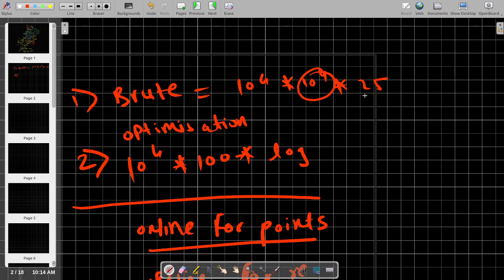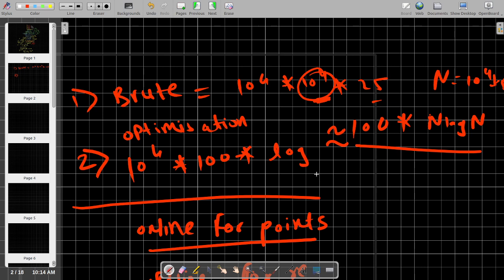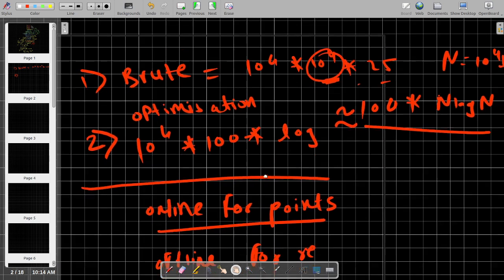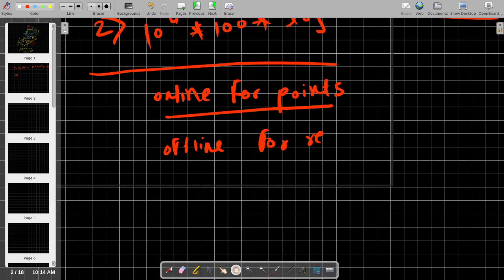Let's say it should be 100 into whatever the worst n is, let's say 10 to 4 into 5, so it should be n log n, approximately this much. This should be the summation, but I'm not getting into complex stuff, just approximating currently.